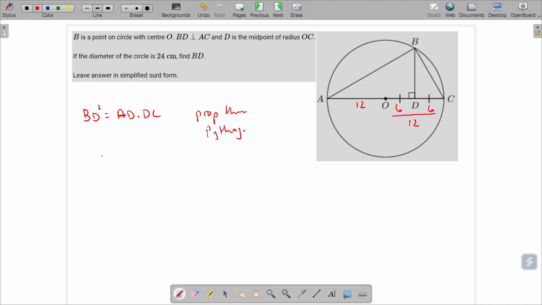And as a result, we're getting that BD squared equals 18 times 6. I got it right? Yes, I do. 18 times 6 is 108. So therefore BD is going to be the square root of 108.